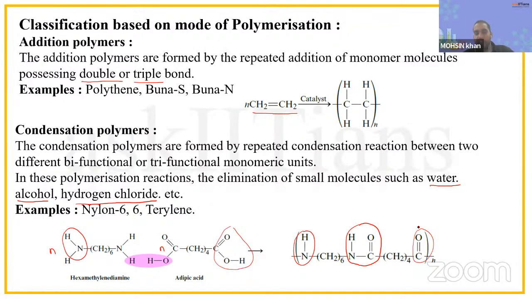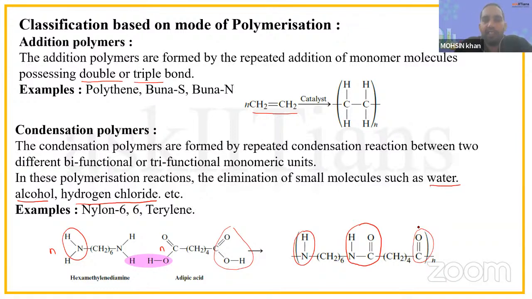We just need the structure of monomers, and we can draw the structure of polymer from that. So on the basis of mode of preparation, we have 2 types of polymers, addition polymers and condensation polymers. In addition polymers, we must have a double or triple bond in the monomeric unit, whereas in condensation polymers, we must have functional groups in the monomeric unit.